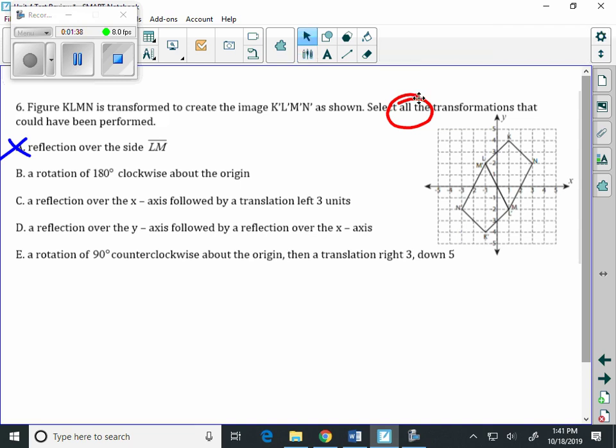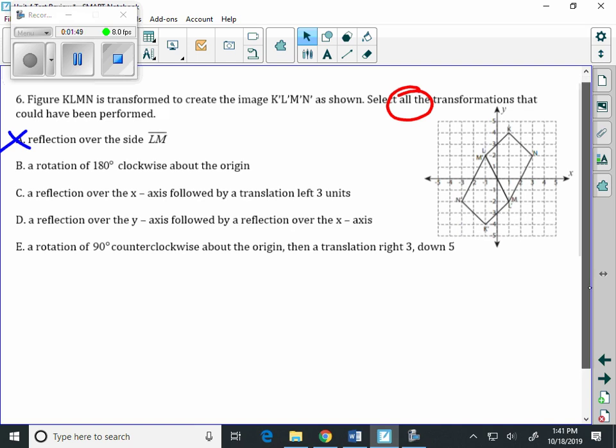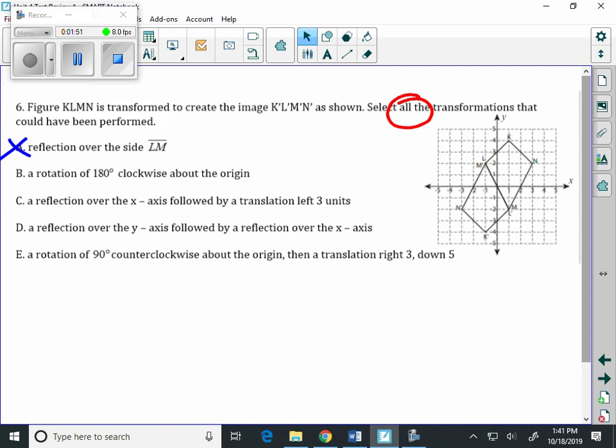Letter B, a rotation of 180 clockwise. And the nice thing about 180 is it doesn't matter clockwise or counterclockwise, the rule is still the same. Just a reminder that the rule is no flip, change both signs.